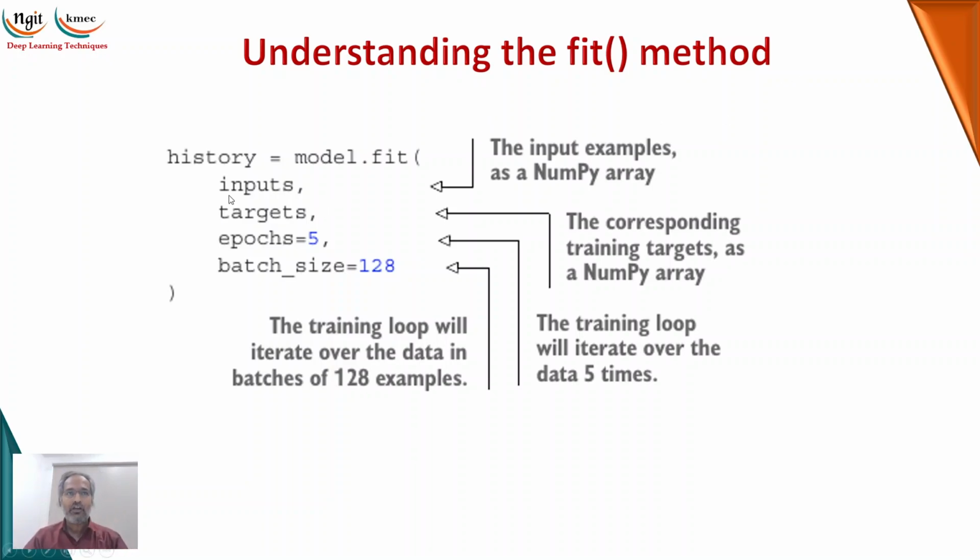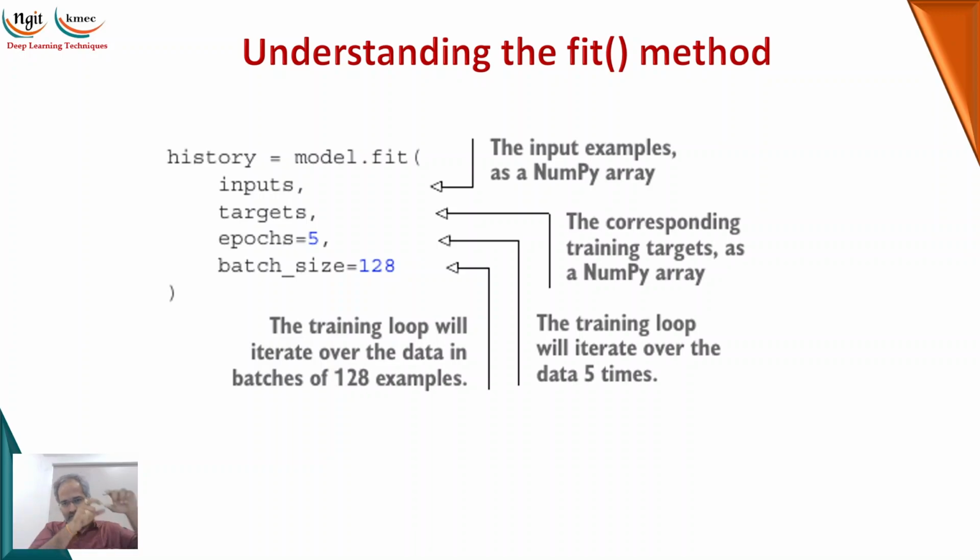Model.fit, you have to provide the input, the target, and how many times it has to iterate and update the weights. That is the number of epochs. That iteration is called the epoch here. And batch size equal to 128 means it will take 128 samples and update the weights.